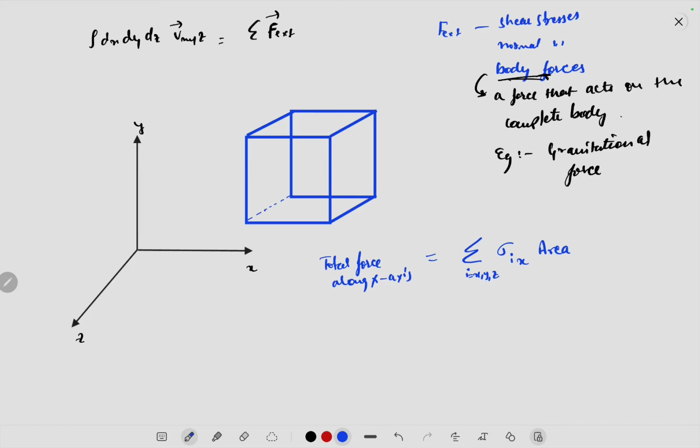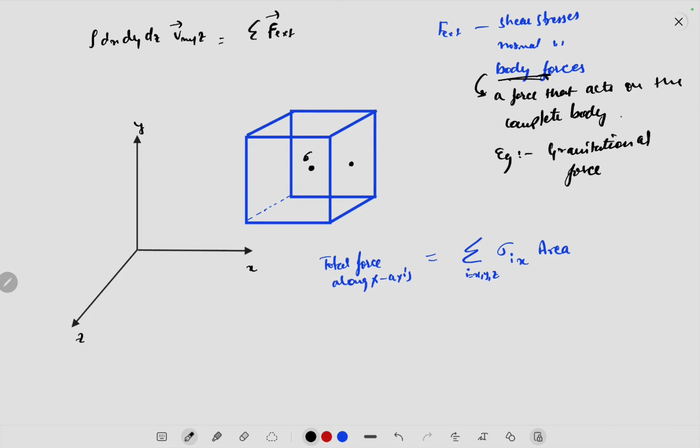Okay, so let's say if I have this surface, and now let's say the total stress tensor at the center of this cube be sigma, then what will be sigma for this plane?